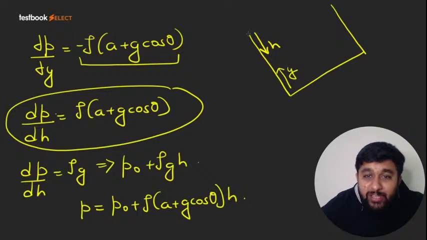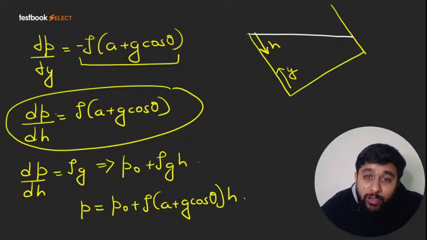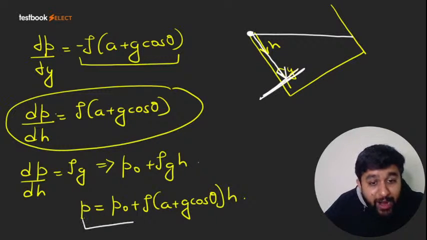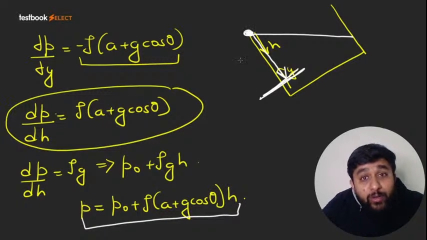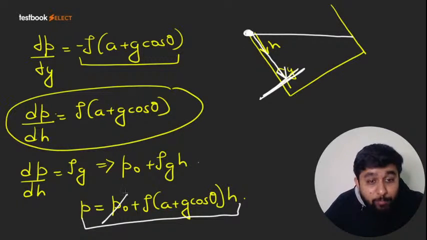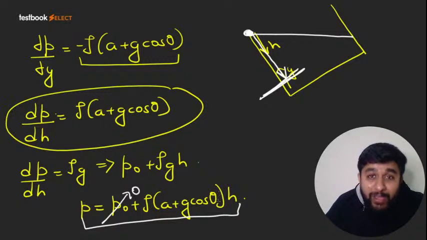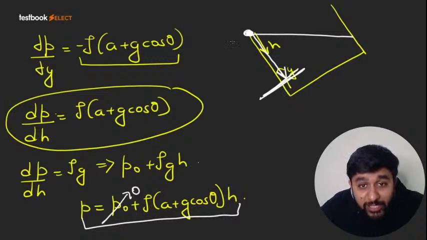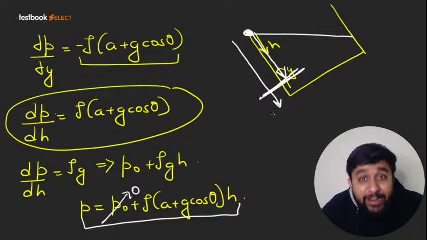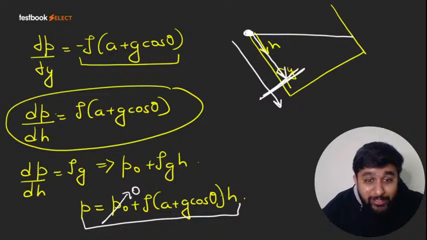You will say, sir, this is the top surface of water. From the top surface of water, if I move along the h direction, then at any point I can write the pressure in this manner. Now this point is exposed to atmospheric air, so the P naught value is going to be 0, and pressure is a linear function of h. The h value is equal to 20 centimeter for the bottom. So at the bottom, you can find out the pressure value.